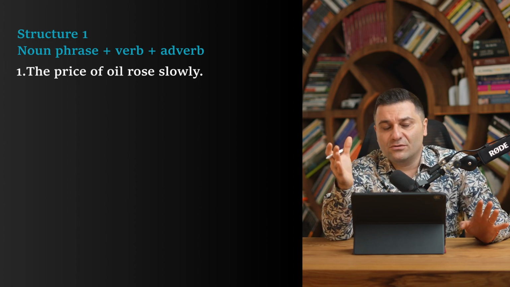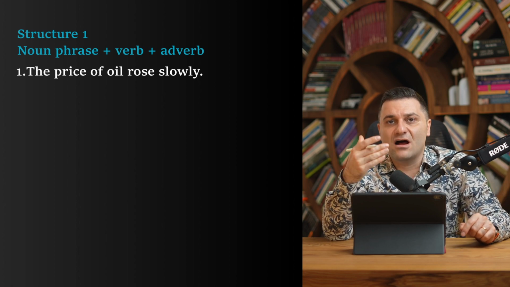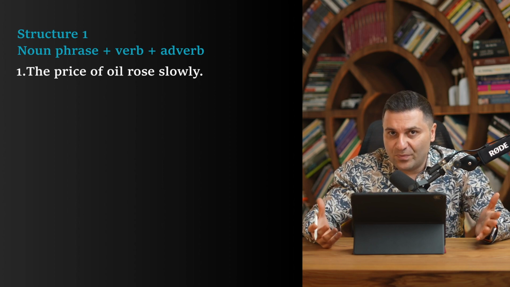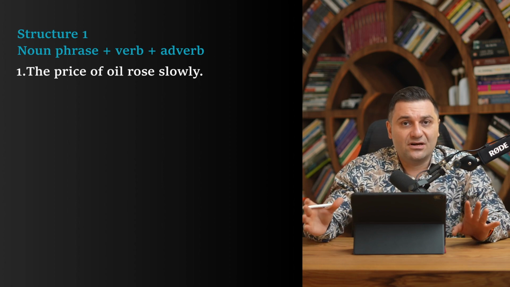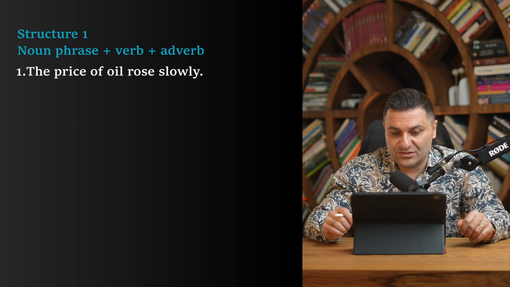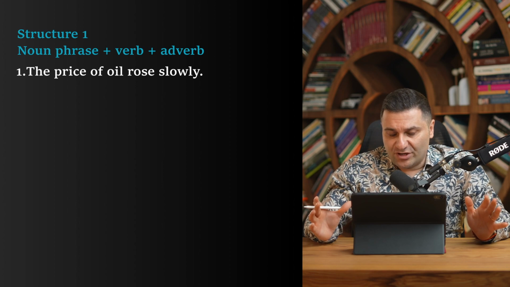The price of oil is our noun phrase. Rose is the past tense of rise, which is our main verb, and slowly is the adverb. We'll talk about both verbs and adverbs in our next parts. Don't worry, we'll work on all of this vocabulary. So this is our simple structure here.